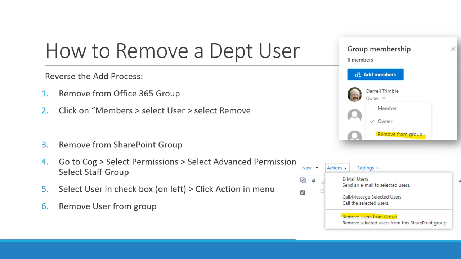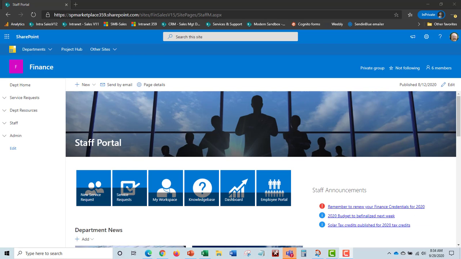So let's go further and see now how to reverse this. And really it is just reversing the process here. And so we're going to remove a person from the group, and then we're going to remove them from the SharePoint group. So here I am.